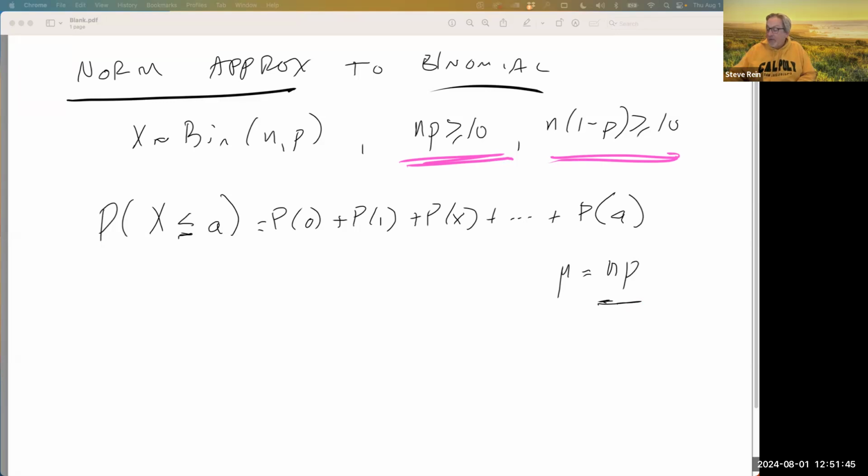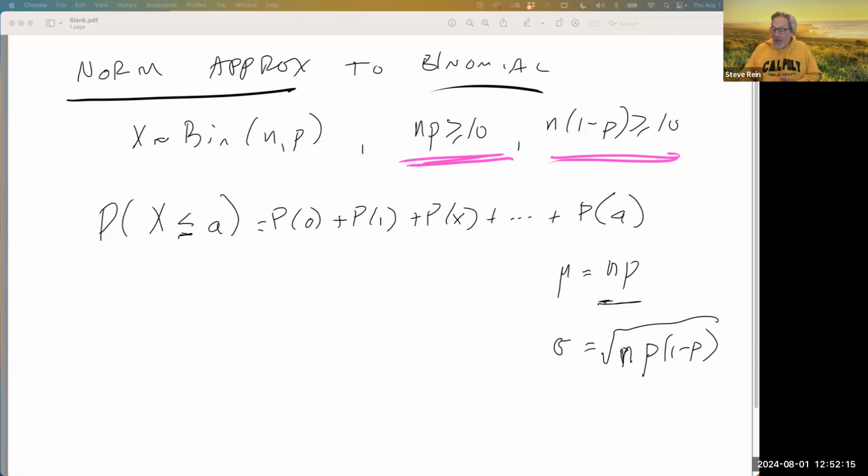So mu is n times p, and sigma, for reasons that a different class goes into but this one does not, is the root of n times p times 1 minus p. That's actually from the Bernoulli distribution and building it up. In office hours, we can talk about proving this if you'd like. This is not the proof class, but if you know n and p, you could get mu and sigma.